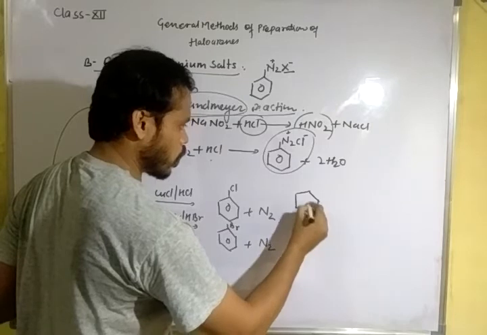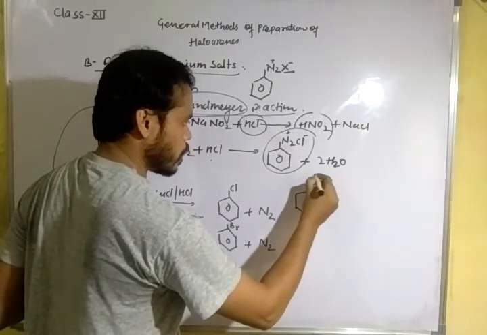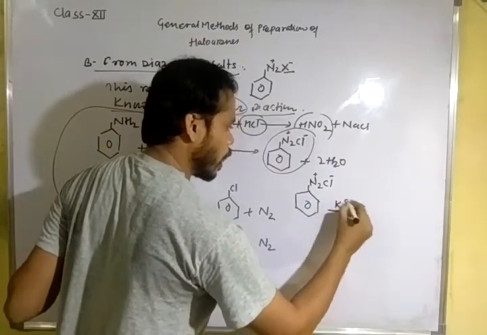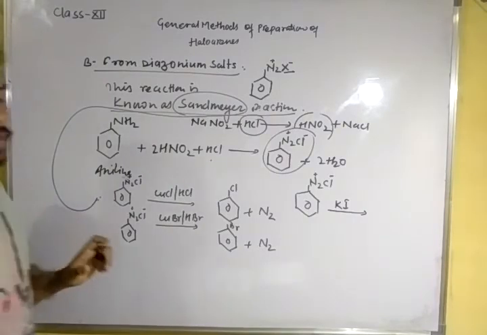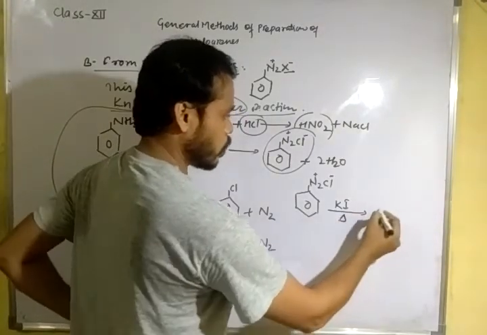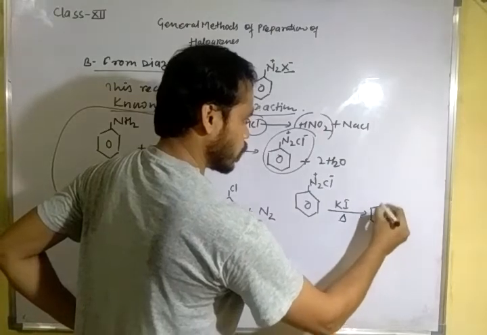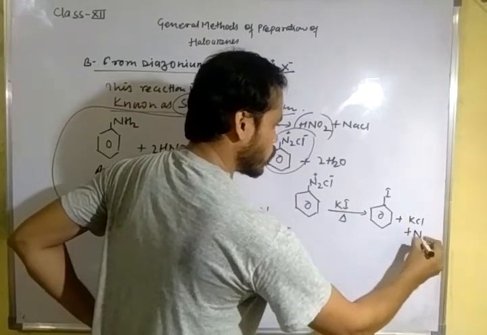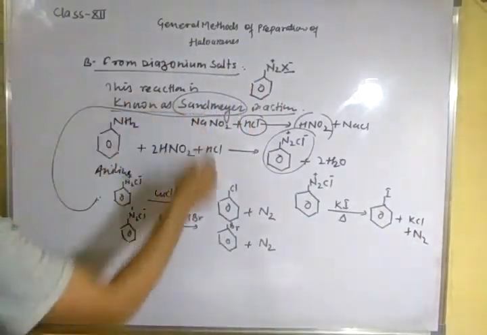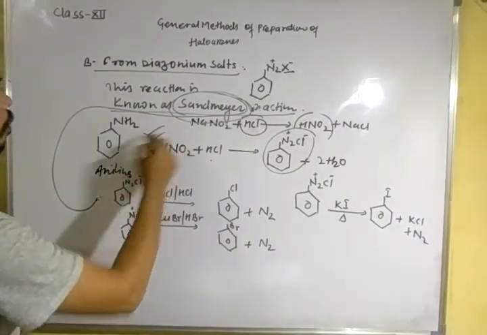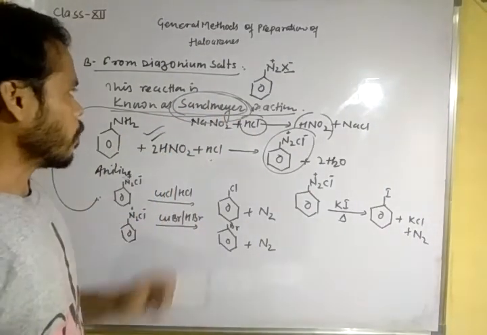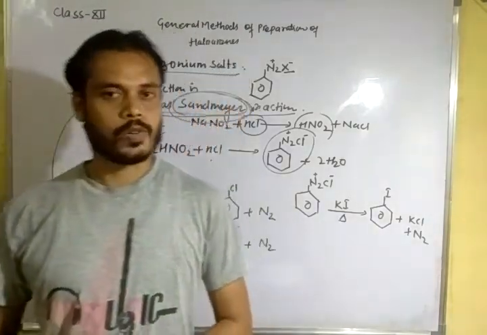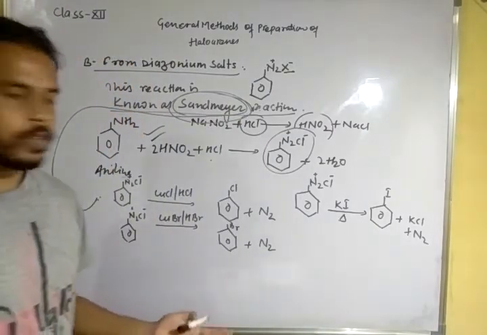Benzene diazonium chloride is treated with aqueous potassium iodide, and on heating it forms iodobenzene, with the elimination of KCl and nitrogen gas. This reaction is also known as Sandmeyer reaction. Very important reactions. Keep in your mind what is Sandmeyer reaction. It is always asked in question papers: what is Sandmeyer reaction, write a short note on Sandmeyer reaction.